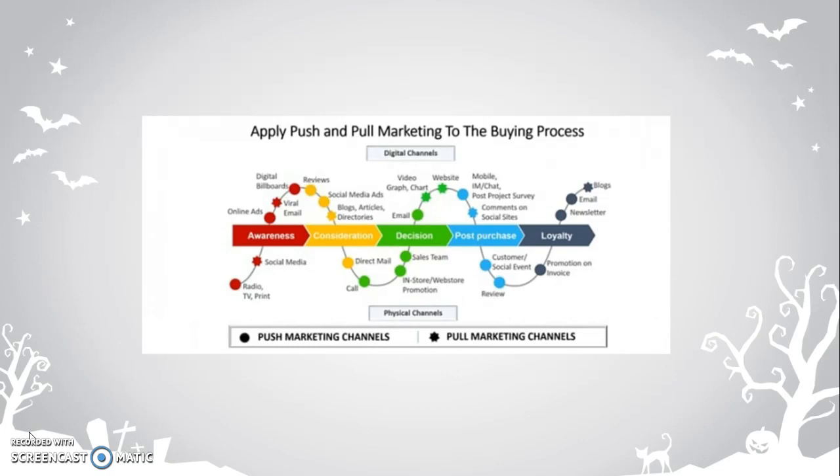The push methods are the ones marked with the ball, and the pull ones are marked with the star over here. So in the awareness process, the push methods will be radio, online ads, and digital billboards, while the pull marketing channels will be social media and viral emails. Okay, you saw that?